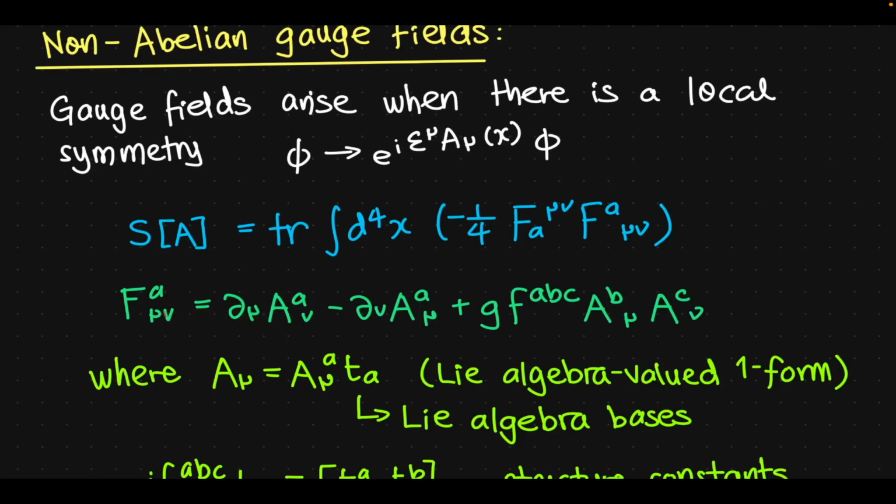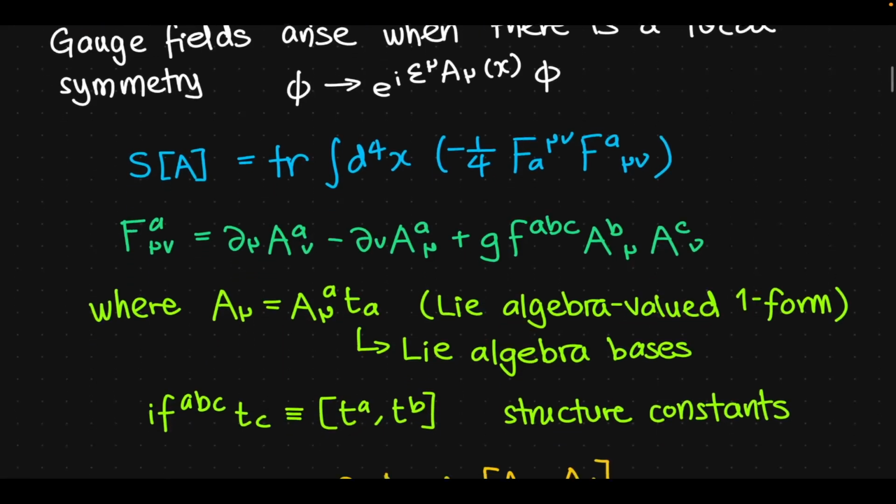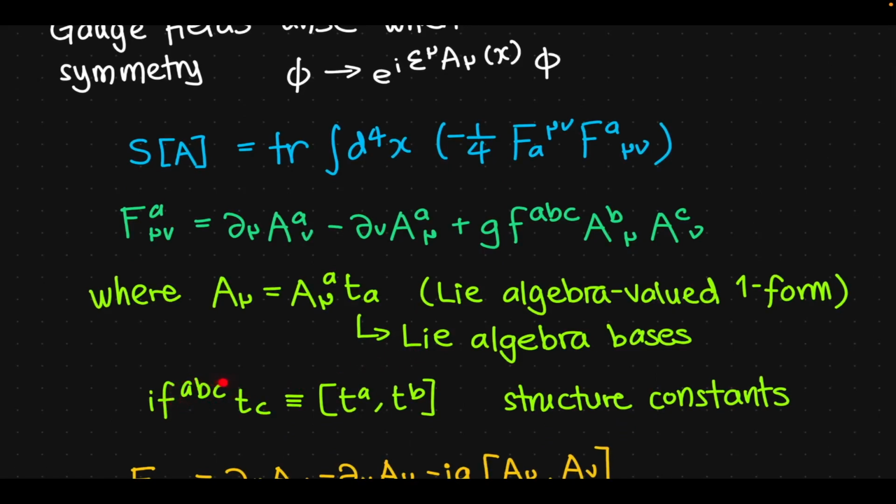F, which is the field strength of this gauge field, is given by a bunch of partial derivatives with a minus sign with anti-commuting indices, plus g times f sub abc A^b_mu A^c_nu, where again this A_mu is a Lie algebra valued one form, and these f_abc are structure constants which arise from the natural definition of the Lie algebra given by the Lie brackets.